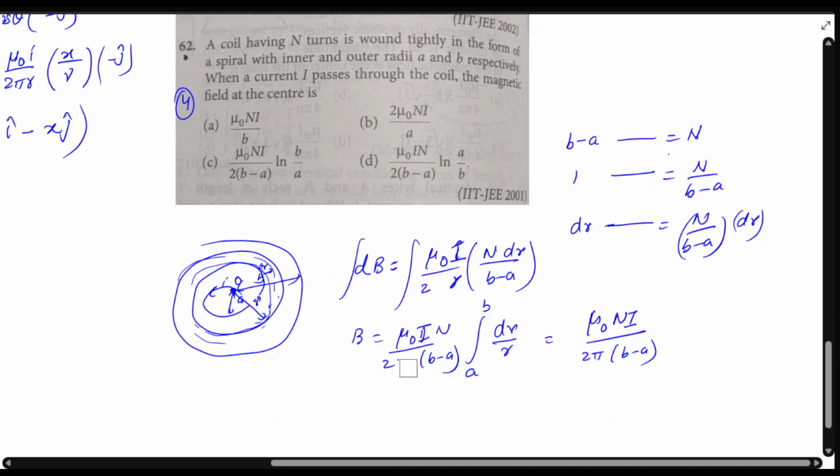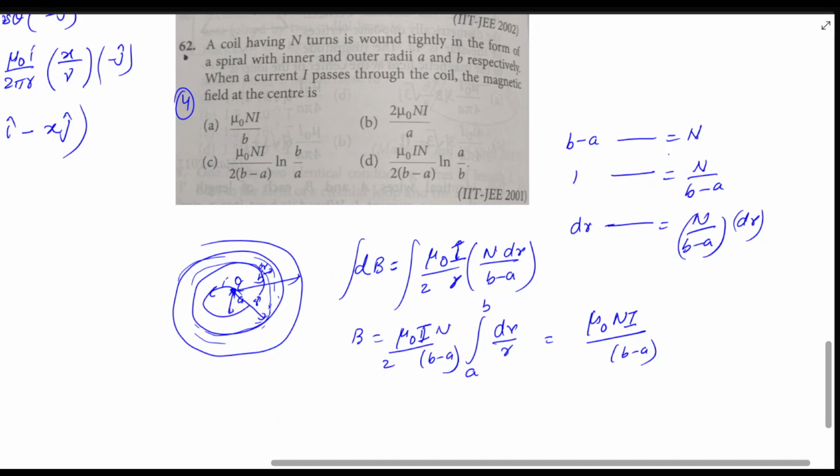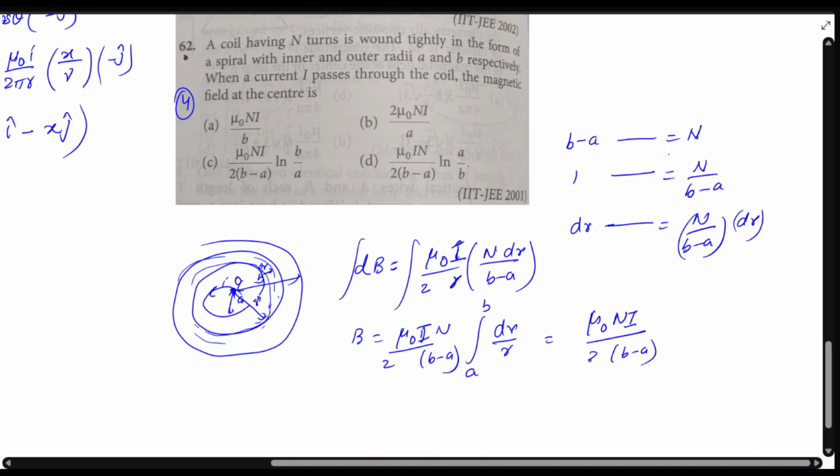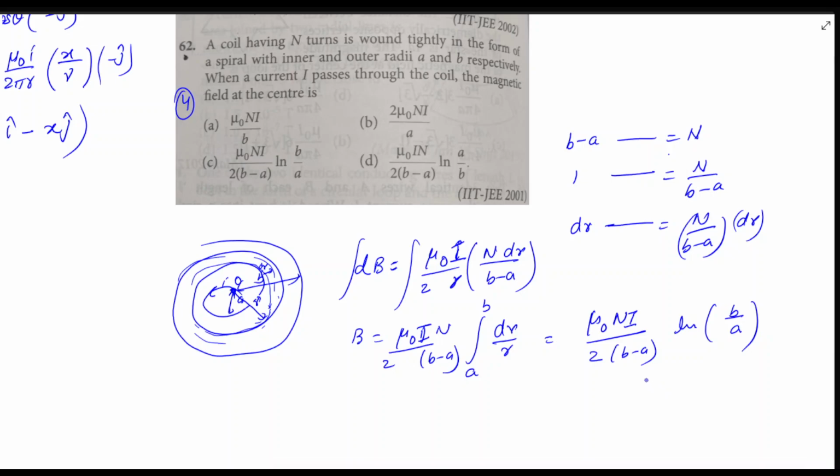It will be just r, so ln B by A. Which option is correct? C option is correct. Perfect.